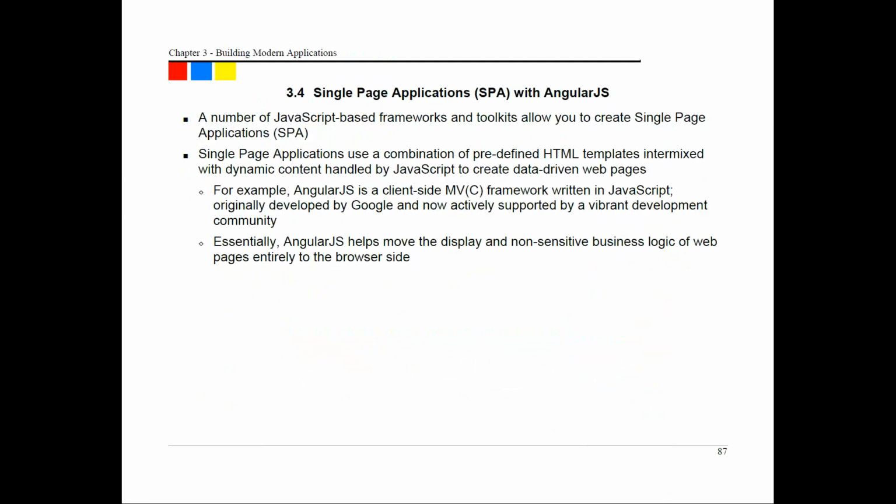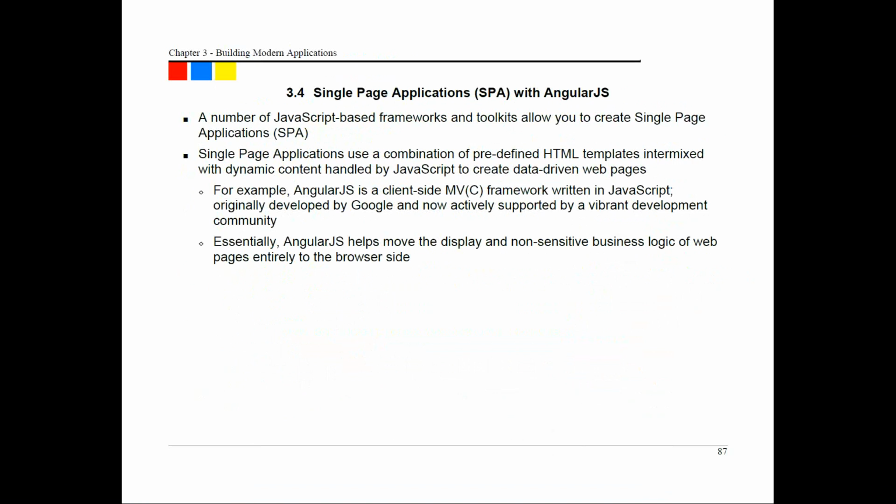Single-page applications are pretty much common practice now, and pick an implementation area. A lot of people got on board with AngularJS. AngularJS has morphed into what's now called Angular, slightly different language, slightly different architecture, but both based on the idea of treating the user interface as an application that's running inside the browser.